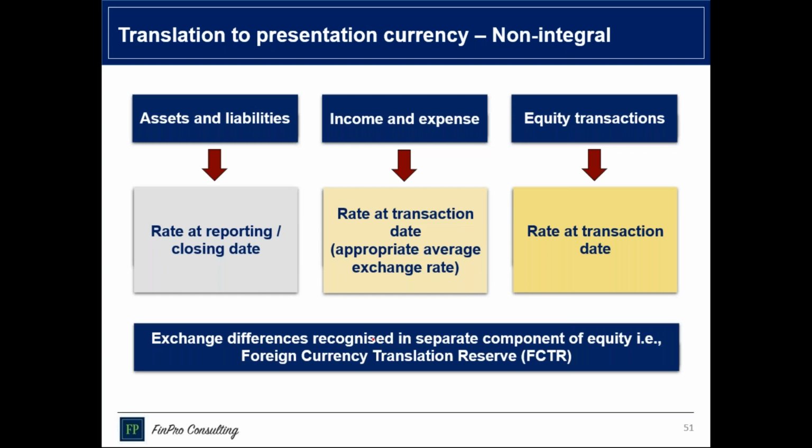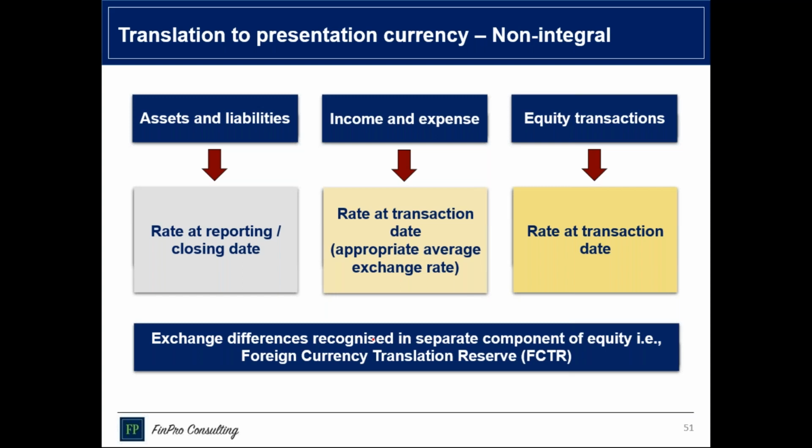Going back to the non-integral operation, we will discuss how you account for the non-integral foreign operation. So we divide it into three categories. First is assets and liabilities. Second is income and expenses, which are P&L items. And third is the equity transactions. So the accounting is pretty simple.